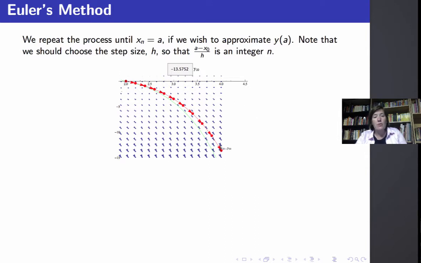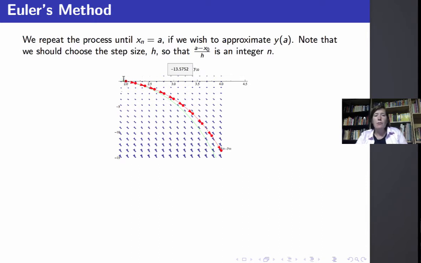We can draw those endpoints and join them with straight lines, and that gives us a picture of our approximate solution. So we repeat this process until we get to the x value of interest to us, where we want to approximate y of a.